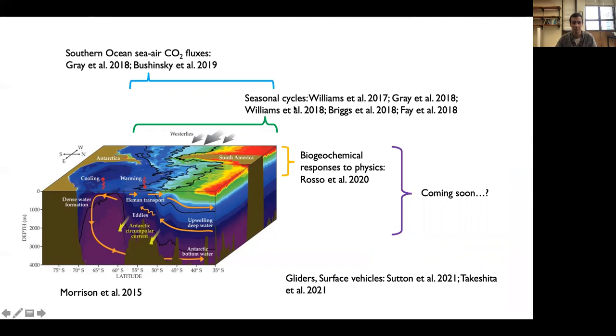A number of papers by Nancy Williams, Alison Gray, Ellen Briggs, Amanda Fay, all looking at seasonal cycles of derived carbon products. I didn't have a chance to talk about this Rosso et al. 2020 study, but Issa Rosso published a paper categorizing different zones using the machine learning method, but also looking at how the Kerguelen Plateau influenced biogeochemistry.